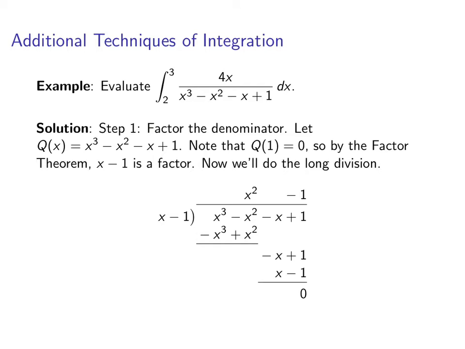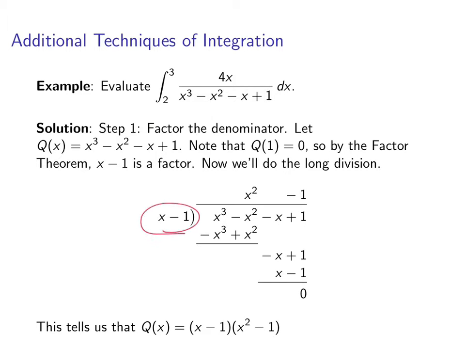So if you were to do the long division, it would end up looking like this. I don't want to go through the nitty-gritty details of long division. If you're not sure about it, we can talk about it in class and work out how the long division works. Notice that we get a remainder of 0. That's good. We want a remainder of 0. So that tells us that q of x is equal to x minus 1 times x squared minus 1.